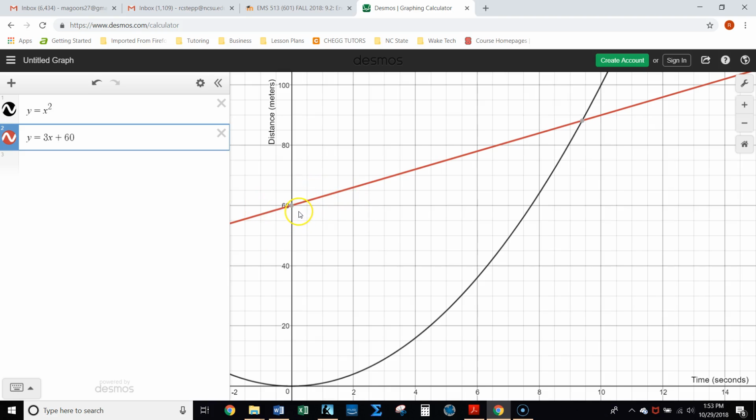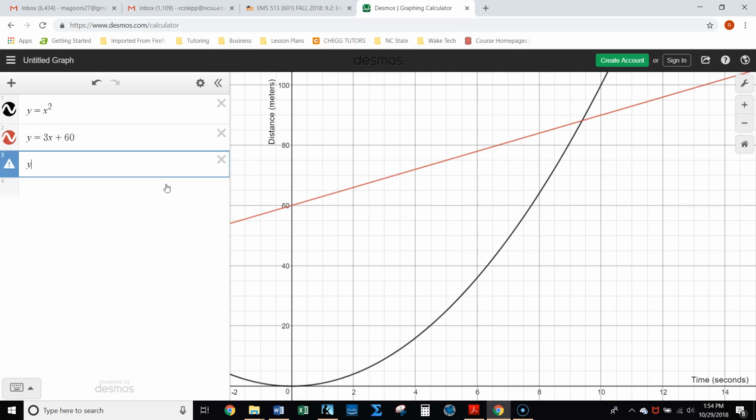So he started at a distance of 60, and as the time increases by each second, his rate, obviously the rate times the time would be the distance. So this whole thing is in terms of distance, the way it's written. And he went a steady rate of 3 meters per second the entire time. So he just started here and kept going in a linear fashion.